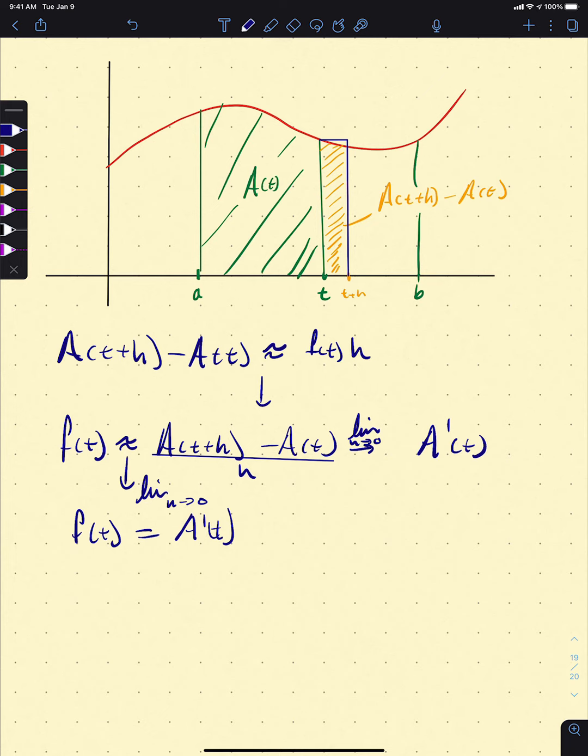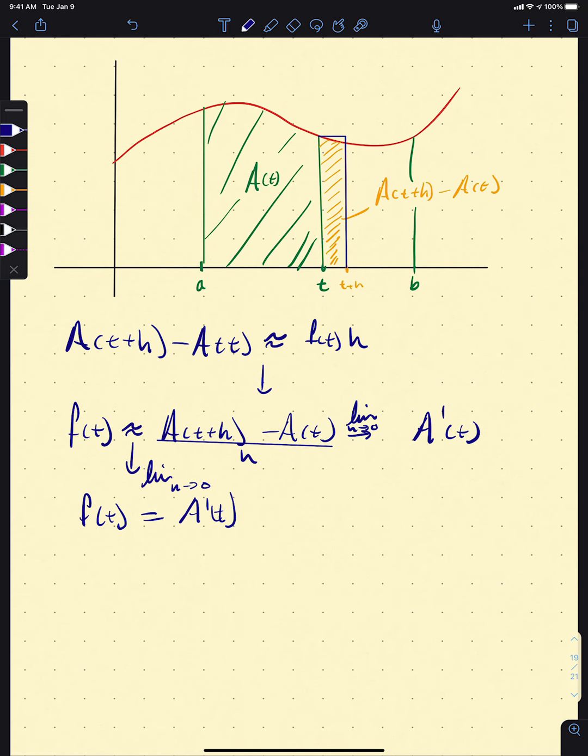What do we know? We know that since it's an antiderivative, A of x, whatever my area function, needs to look like F of x plus some constant c. Can we solve for this constant? Well, sure. Notice that capital A of lowercase a is 0.